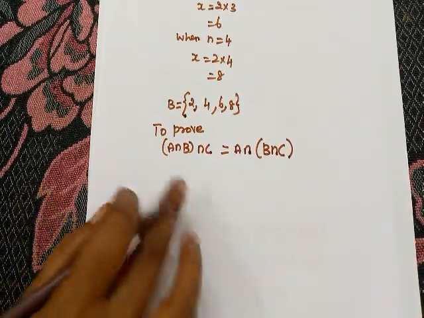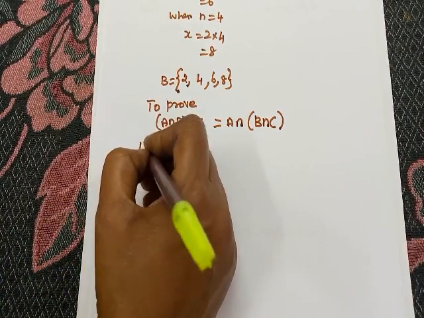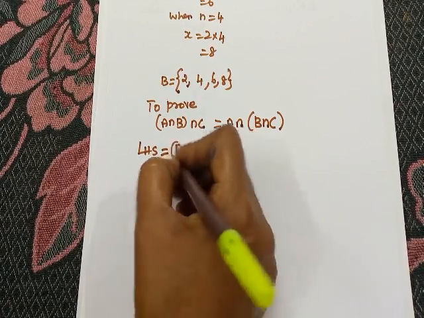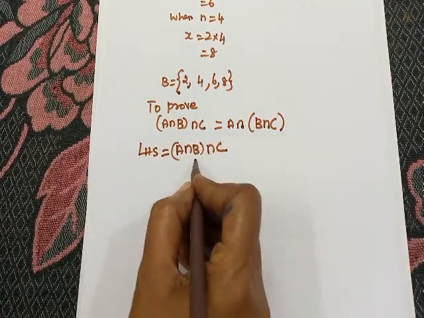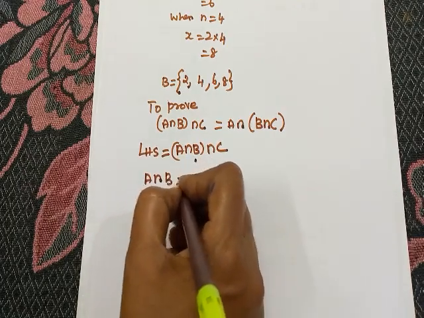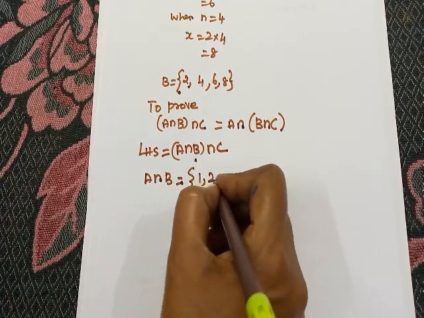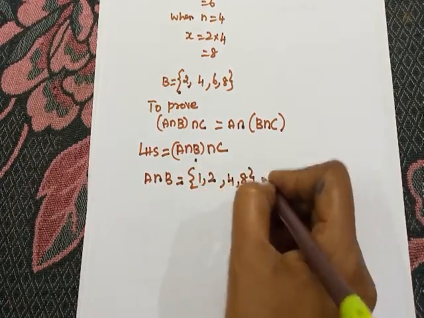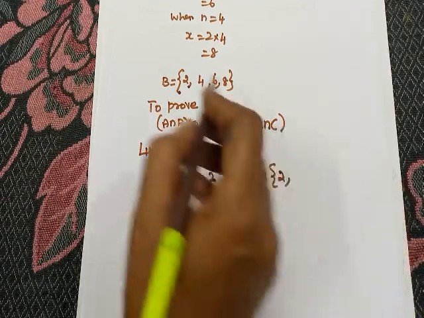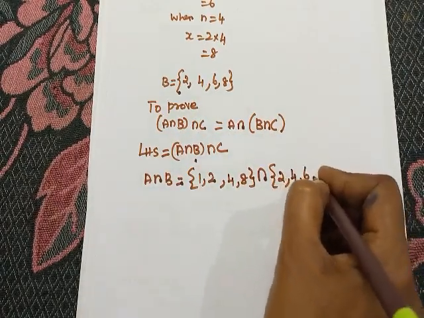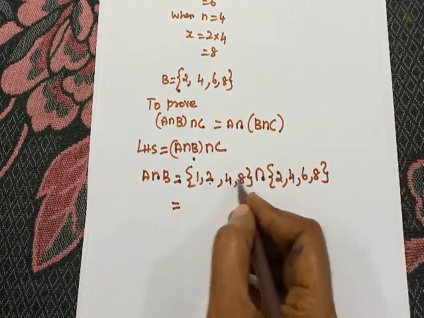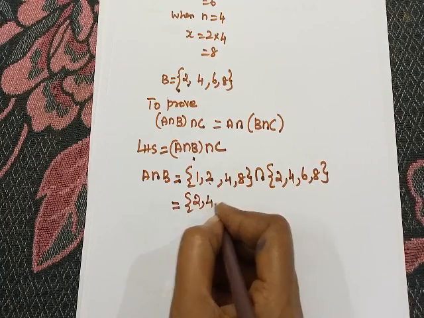Now LHS. LHS is equal to A intersection B, bracket, intersection C. First of all, we need to find the bracket inside value, A intersection B, which is equal to A set is 1, 2, 4, 8, intersection B set is 2, 4, 6, 8. Now the common values of both are 2, 4, 8.